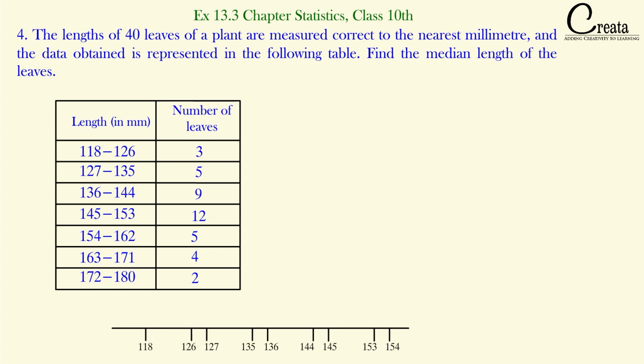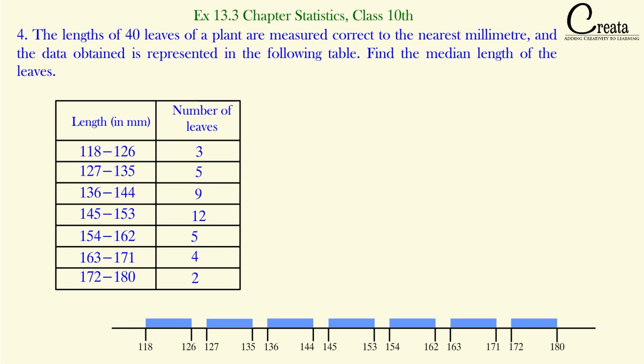Let's take a number line, draw all these ranges and try to visualize this concept. This is one of the important concepts and you should know it. We have taken a number line and all the ranges. The first is from 118 to 126. The second is 127 to 135. We have a gap from 126 to 127. Similarly, in all these ranges, we have a gap of 1 unit and we have to fill this gap.